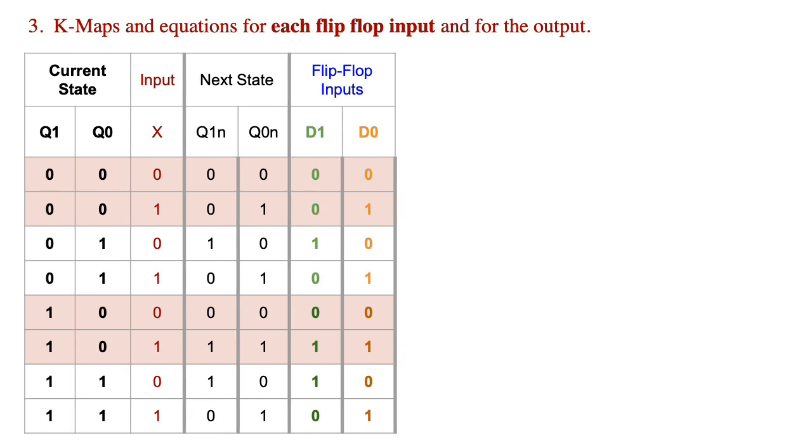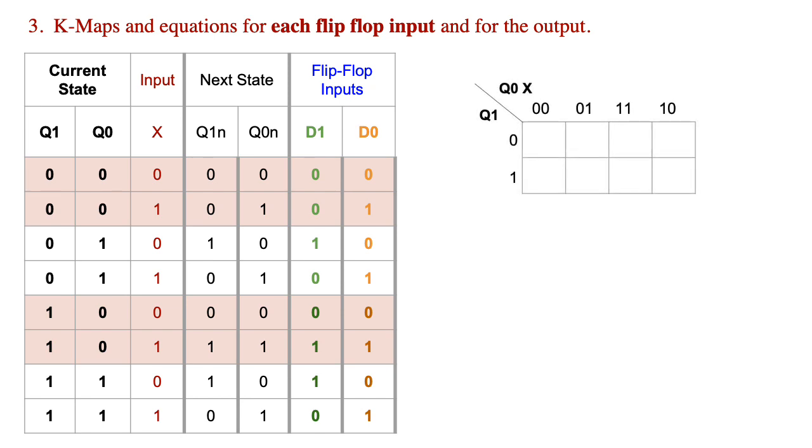Now the third step is to generate K-maps and Boolean equations for each flip-flop that we're using and for the output. We'll start first with flip-flop 1. That means we need to create a K-map for D1. We'll simply copy the column of D1 in a K-map consisting of Q1, Q0, and X as variables.